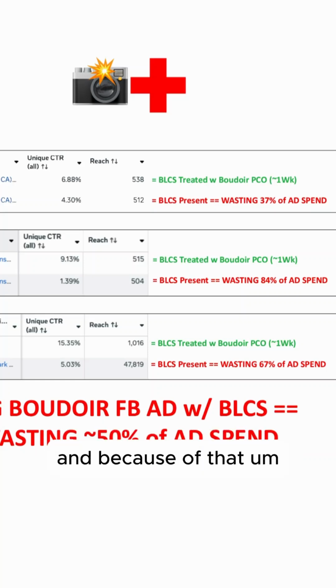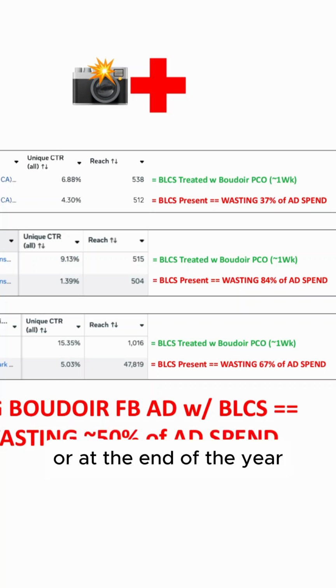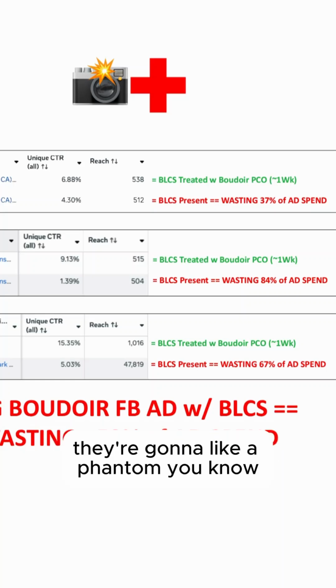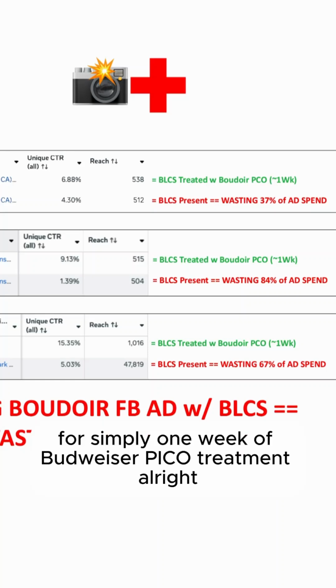Because of that, they get a phantom bonus every month, like a phantom $40,000 bonus at the end of 12 months. But it was simply 1 week of Boudoir Pico treatment.